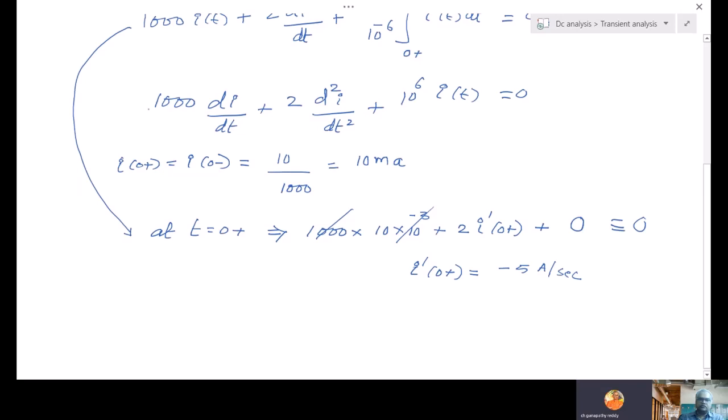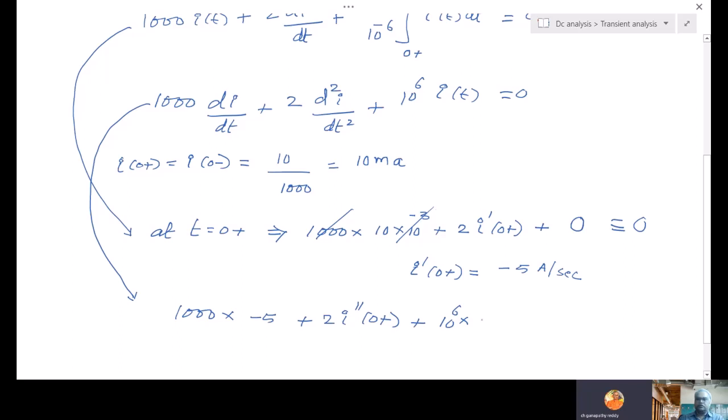Now simplify this equation: 1000 into di by dt 0 plus is minus 5, plus 2 I double prime 0 plus, plus 10 power 6 into I0 plus.